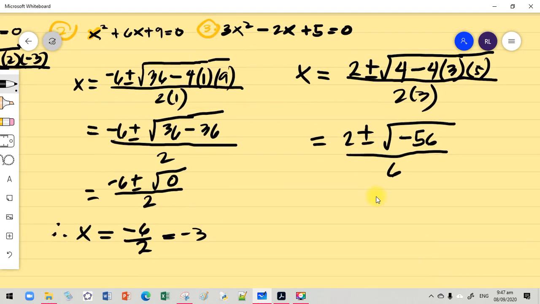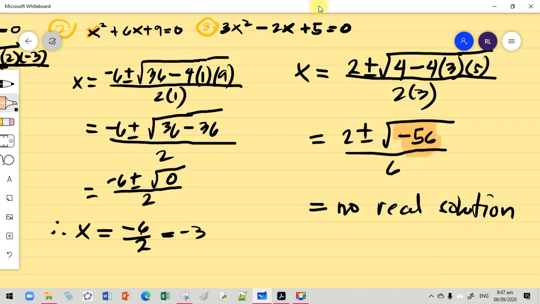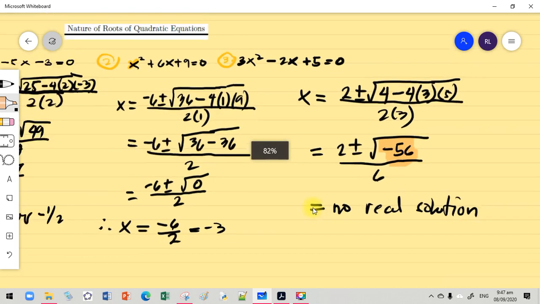So here, there is no real square root of negative 56; we cannot get the square root of a negative number. Therefore, this one has no real solution because of this.